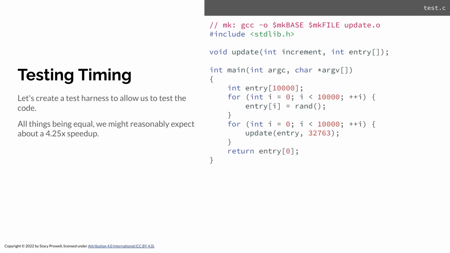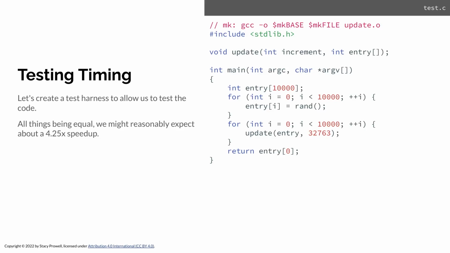We need to do it enough times that we can begin to get some measure. Given that we run this 10,000 times, this little loop up here is inconsequential. So we update the 10,000 entries 10,000 times. 10,000 is 10 to the 4th. 10,000 times 10,000 would be 10 to the 8th. So that's a decent number of operations.